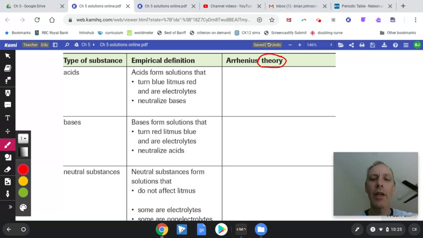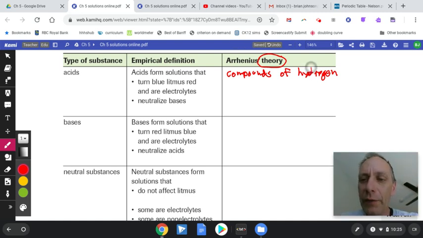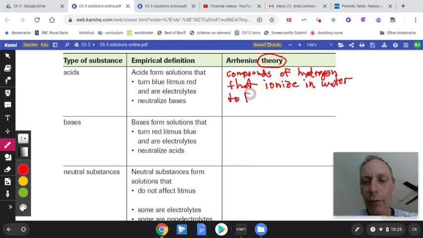Okay, so Arrhenius's theory says that acids are compounds of hydrogen that ionize in water to form H+.